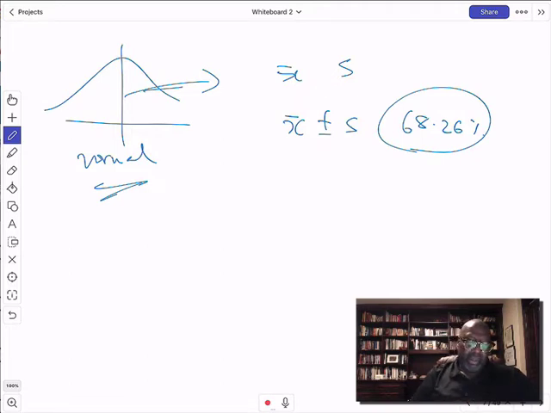X bar plus or minus 2S brings us to 95.44%, and then X bar plus or minus 3S to 99.77%.